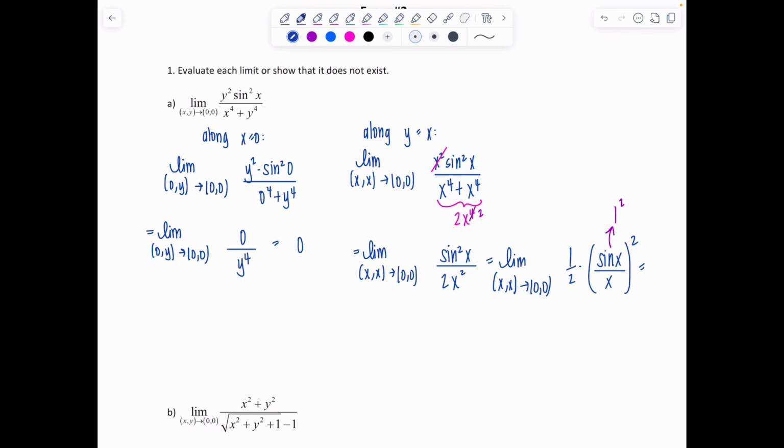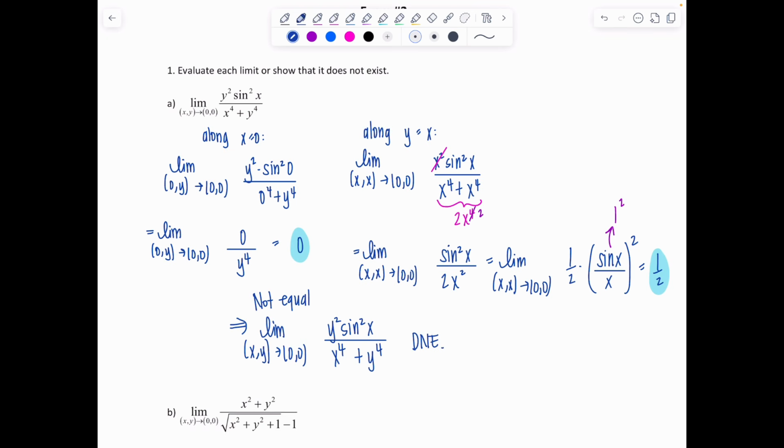This limit is 1/2. So since different paths yield different limits, clearly these are not equal. Therefore, the limit as (x,y) approaches (0,0) of y squared sine squared x over x to the 4th plus y to the 4th does not exist.